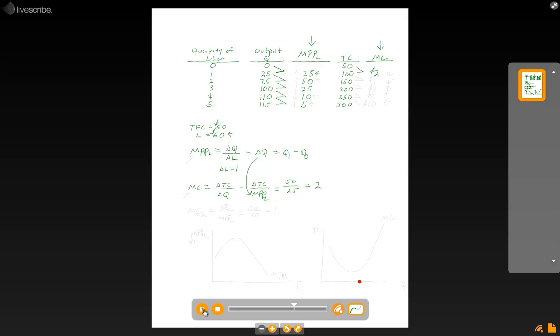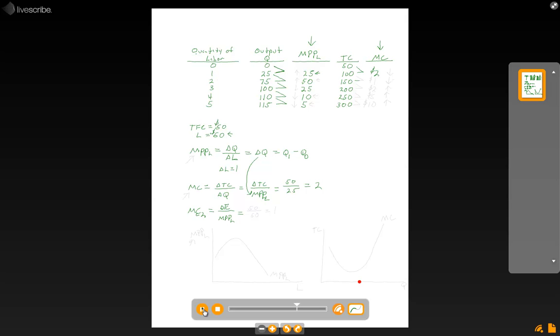For the sake of argument, if we look at the marginal cost of hiring the second worker, our marginal cost of worker number 2 is going to be equal to our change in total cost of worker number 2 divided by our marginal physical product of labor for worker number 2.